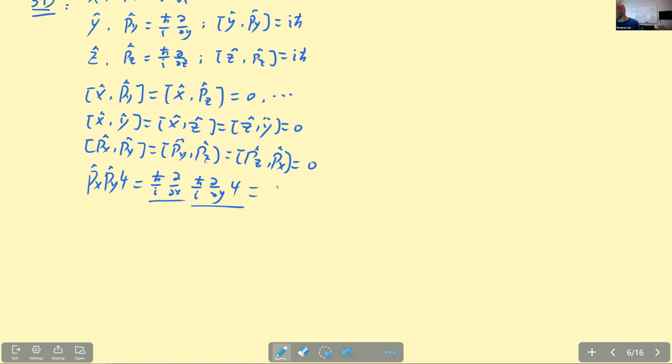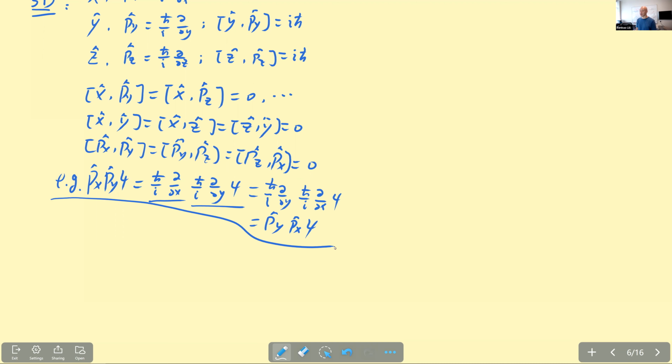So that means this equals h bar over i partial y, and then h bar over i partial x on the function. So that is nothing but just py and px acting on it. This is the example to show that indeed they commute, right?